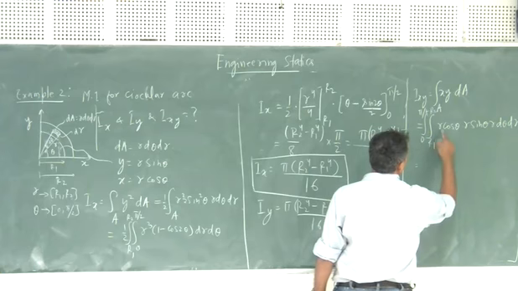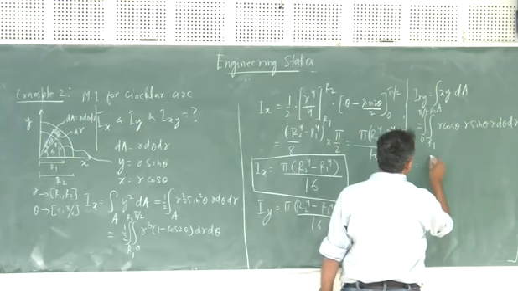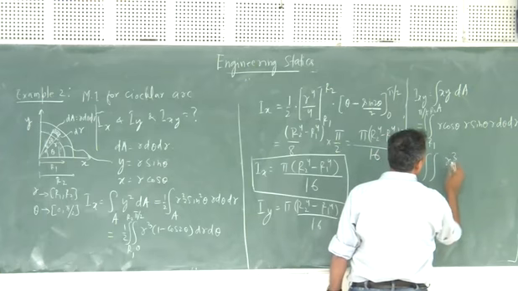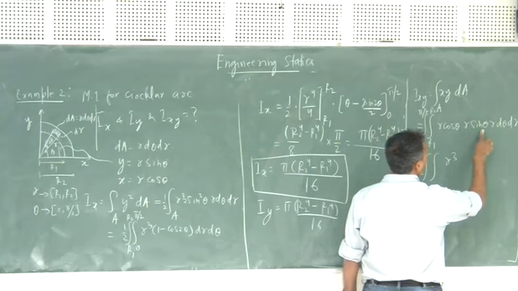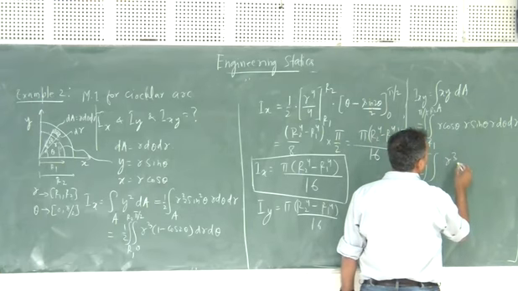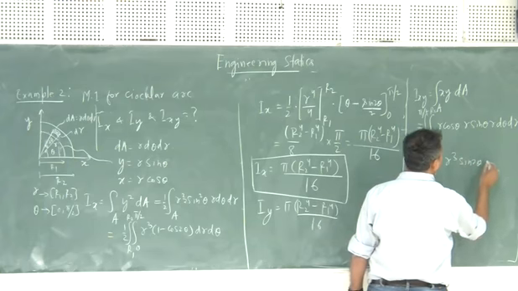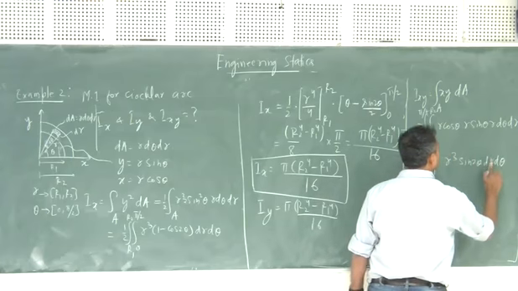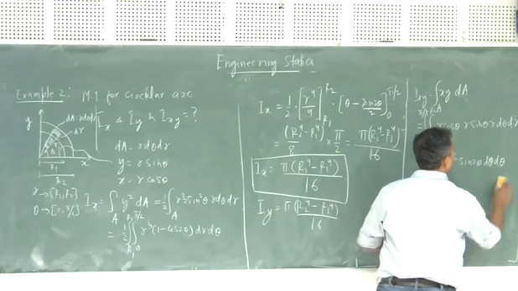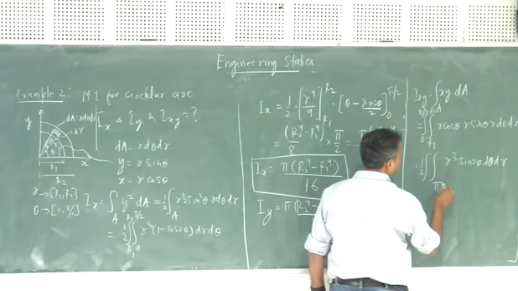So first of all, r cubed, and you can take 1 by 2 sin 2 theta dr, so that you can perform the theta integration first.